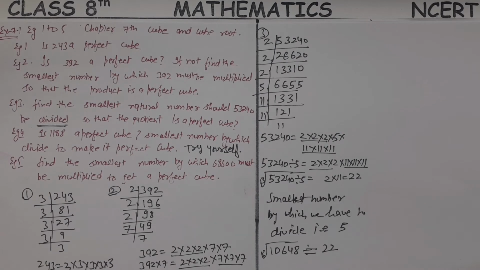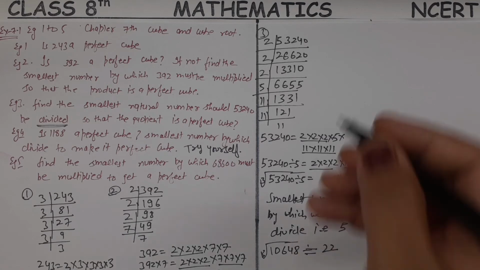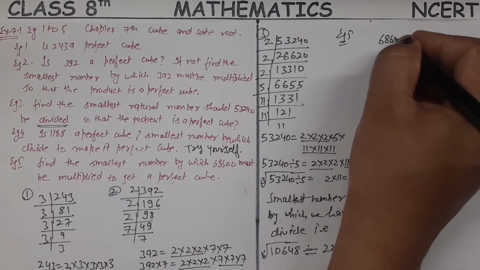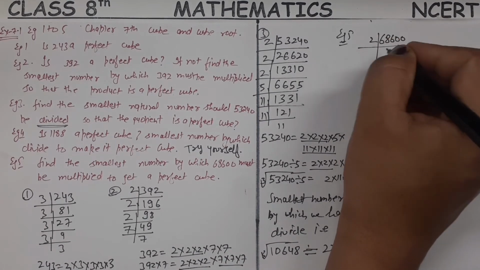Example number 5. Find the smallest number by which 68600 must be multiplied to get a perfect cube. Prime factors.